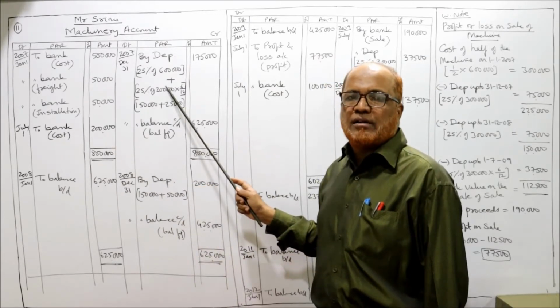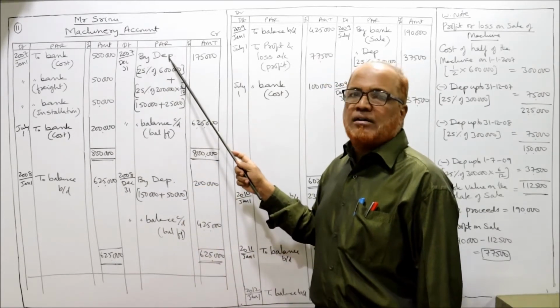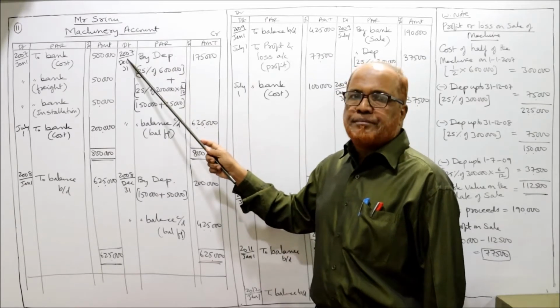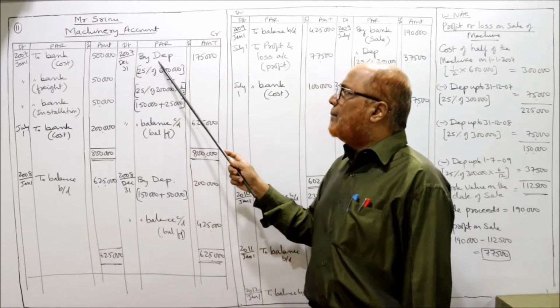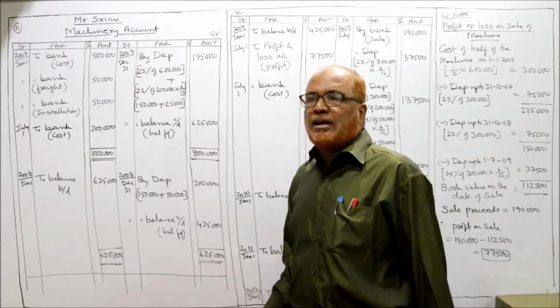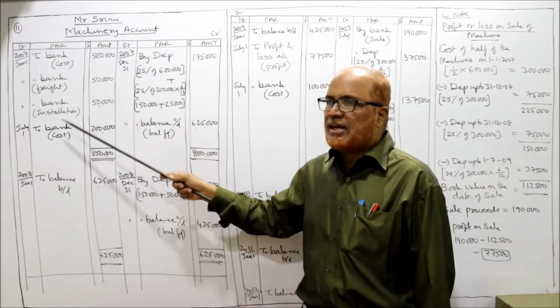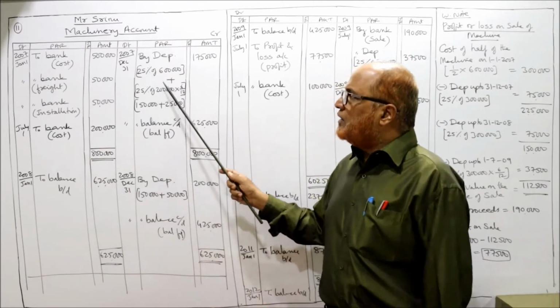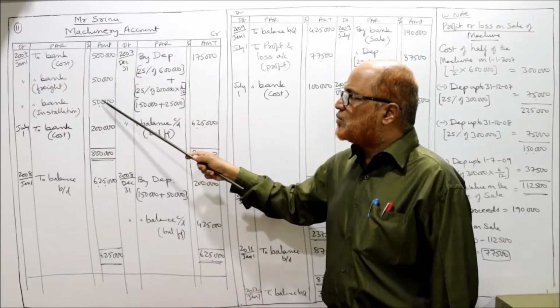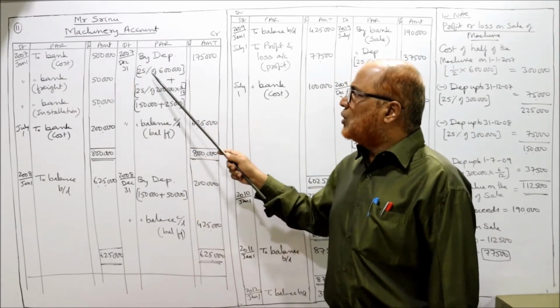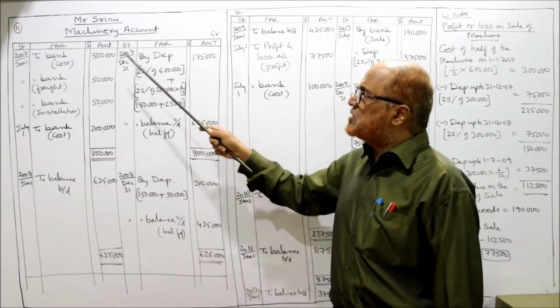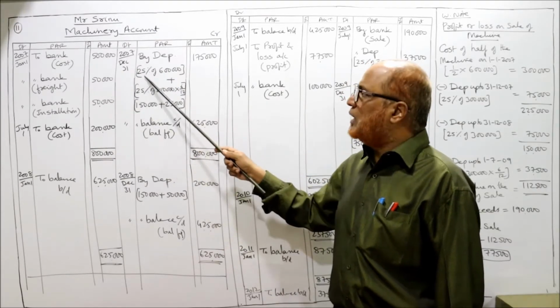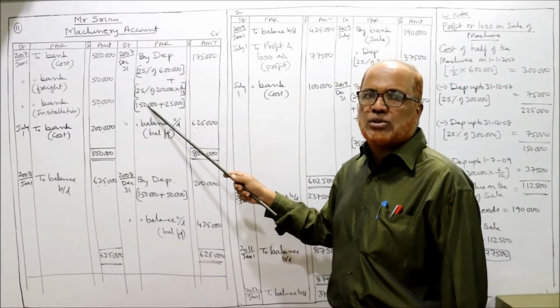Now we'll close the year, 31st December 2007, by providing depreciation on both machines. 25% of 6 lakh, that is 5 lakh plus 1 lakh, is the depreciation of the first machine: 1,50,000.